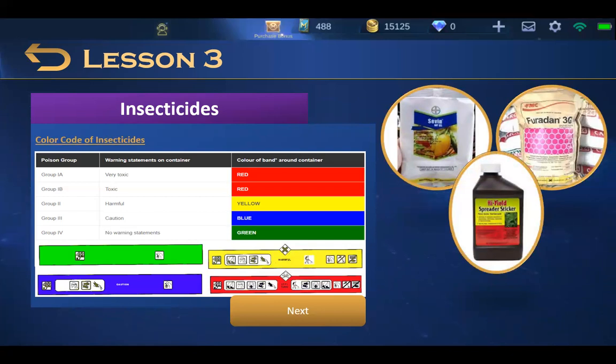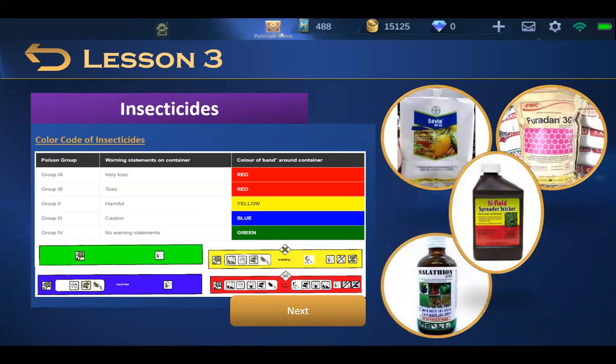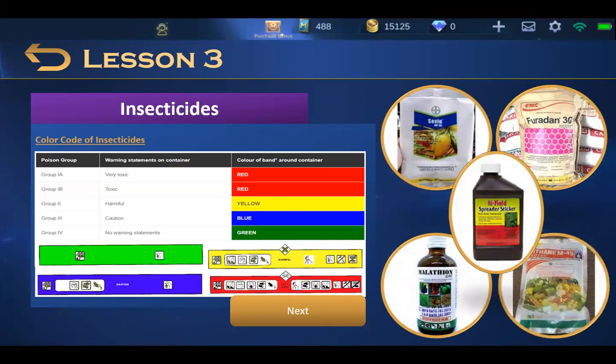So this is a red one, either toxic or very toxic. We also have Malathion, green color. So this has no warning statements. And we have the Dithane, which is a fungicide. So it is also in a green color label or color code, no warning statements.